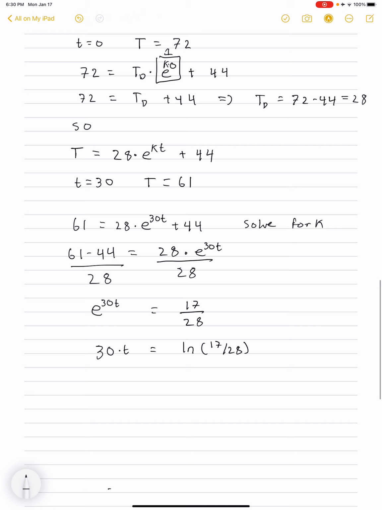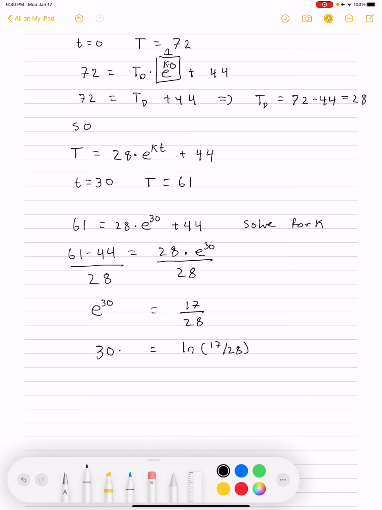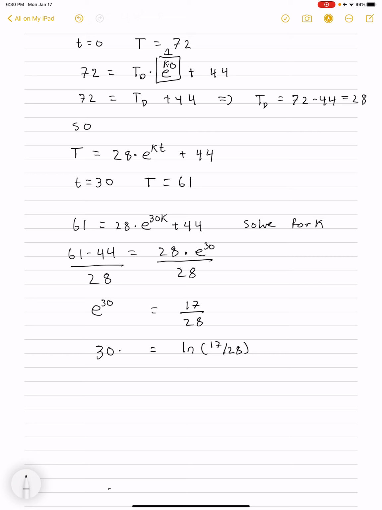I have a little error earlier where I wrote t that should have been k. I apologize for that, because we plugged in t equals 30, and k was the unknown.